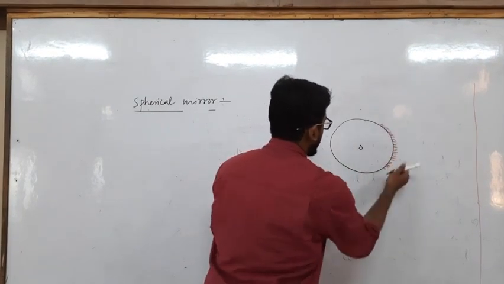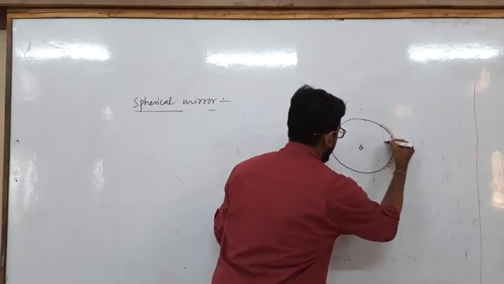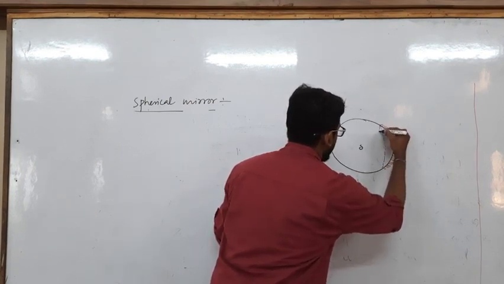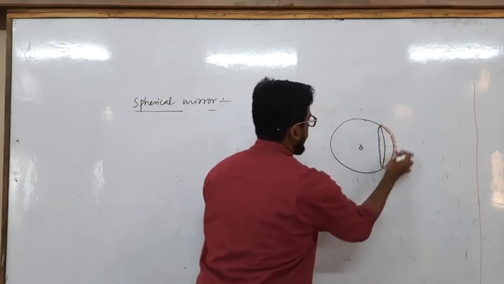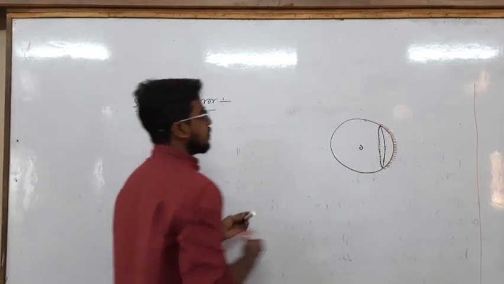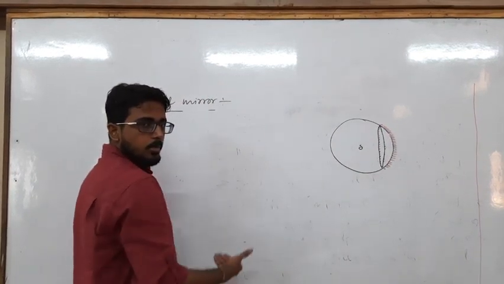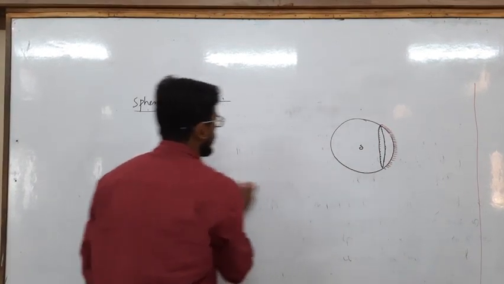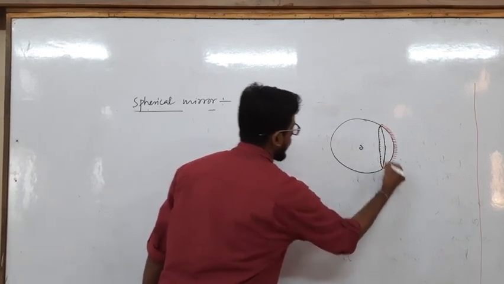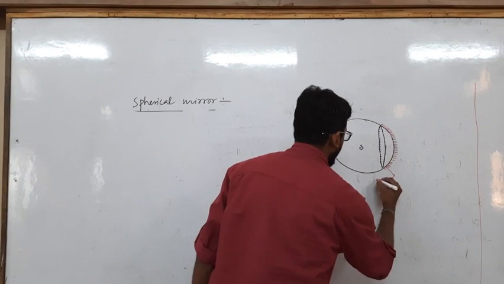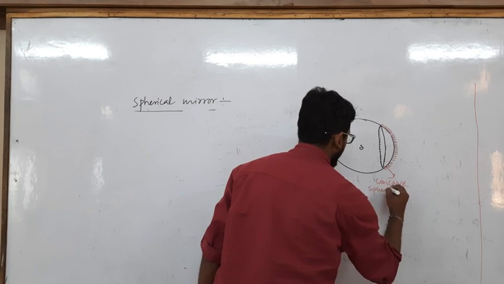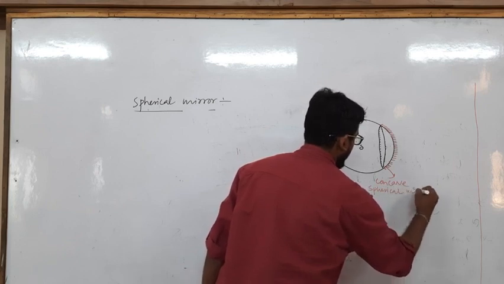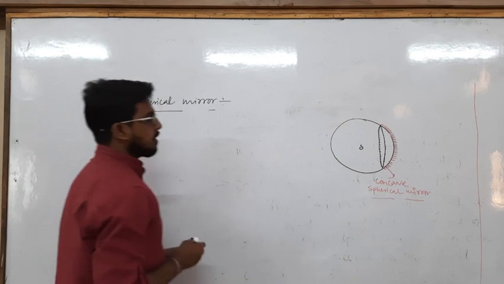The outer surface is opaque and the inner surface is reflecting, because the outer surface is coated with some opaque material. So what type of spherical mirror is it? It is a concave spherical mirror.